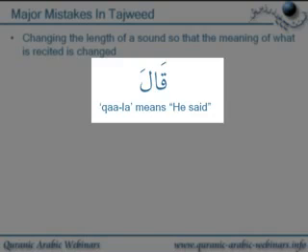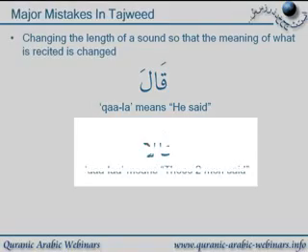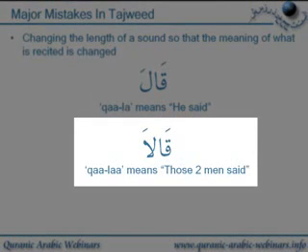Now in Arabic, qala means he said, i.e. grammatically we're talking about a single male, third person. Now here we have another Arabic word very closely related, which is qalaa. So both of these are fathah alif and they're both two long.